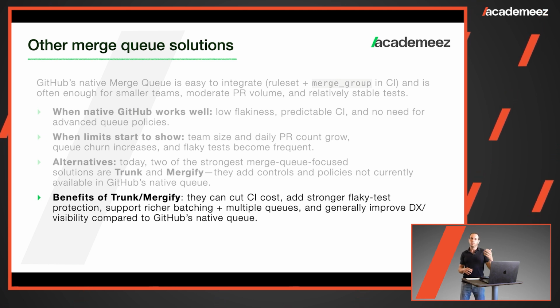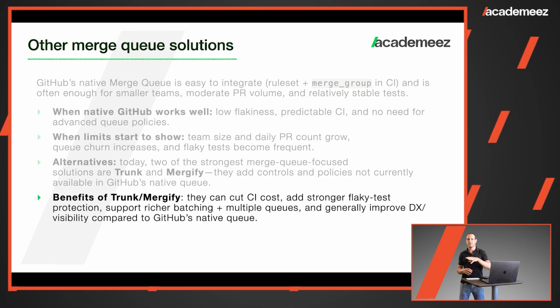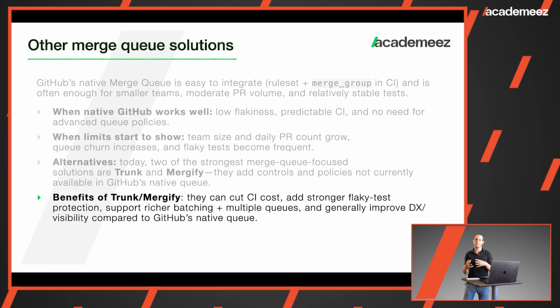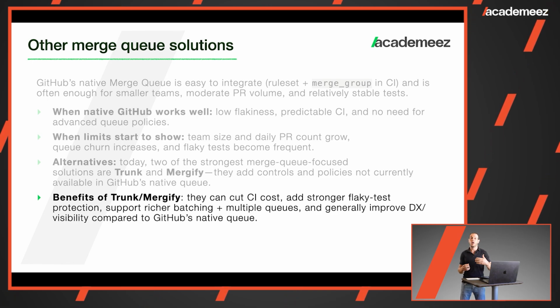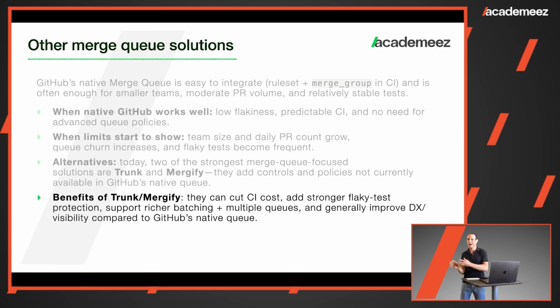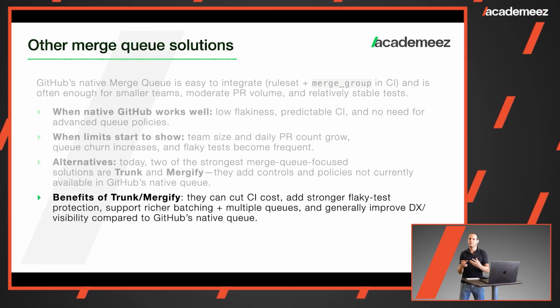Although they cost extra money, sometimes the cost for those solutions actually saves you CI time and saves you cost, so this is something to consider. If you have, for example, a lot of flaky tests that cause many pull requests to be thrown out of the merge queue, with Trunk or Mergify you have more control over those flaky tests.